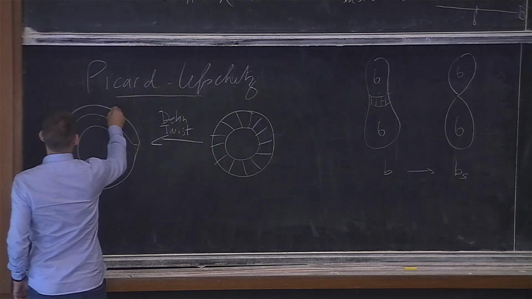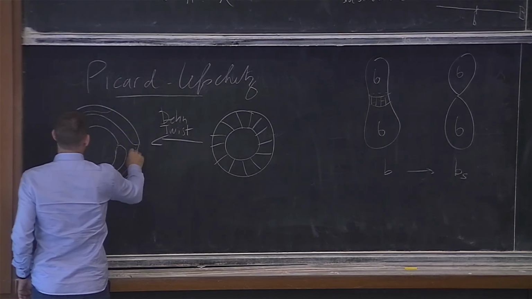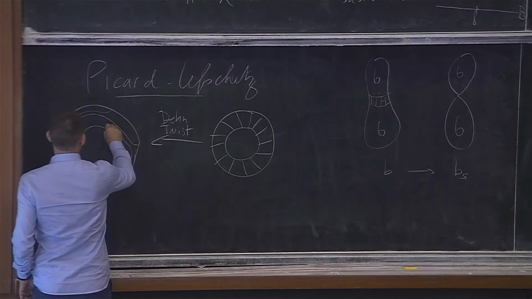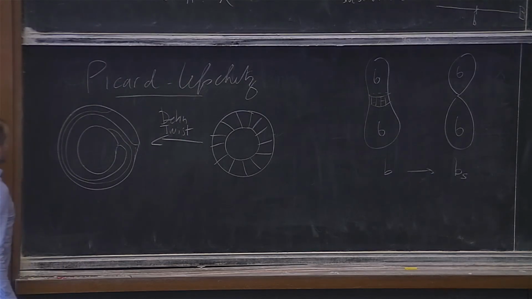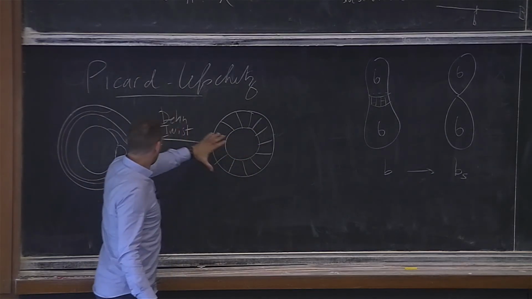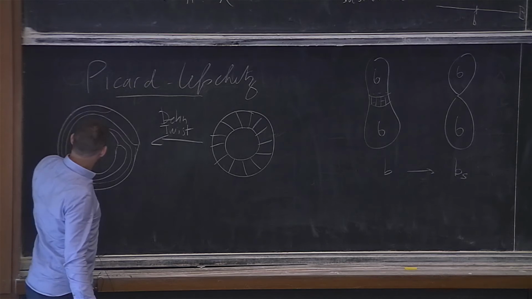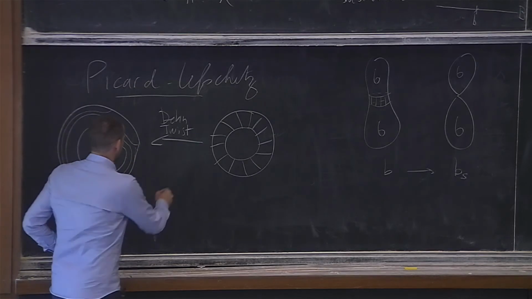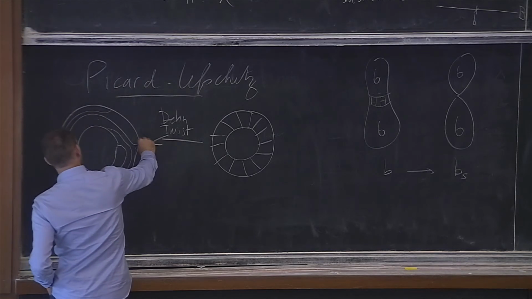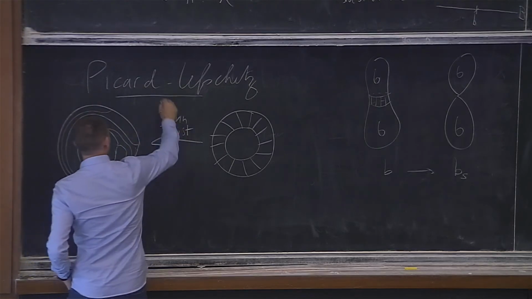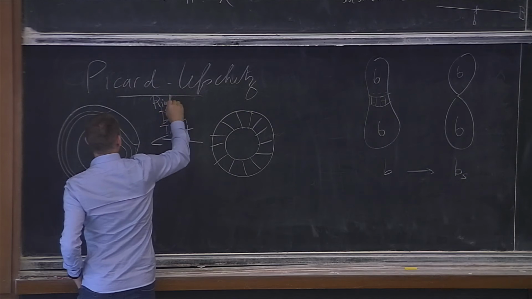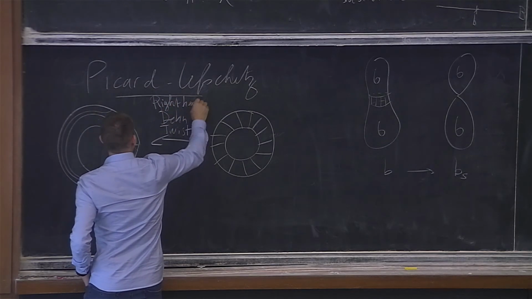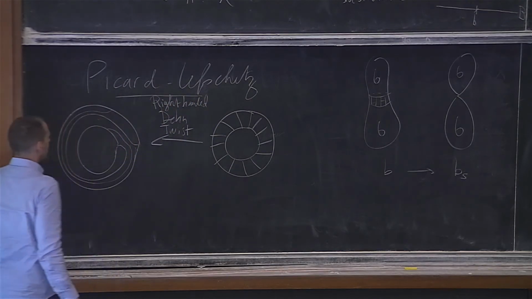So you have this family of curves which are replaced by the Dehn twist by this family of curves. And you see that here the curve is turning on the right. We call that a right-handed Dehn twist.